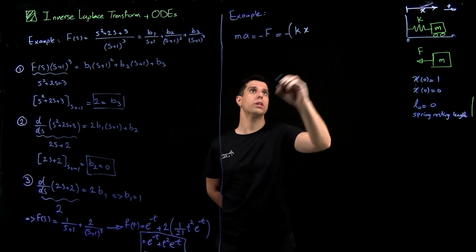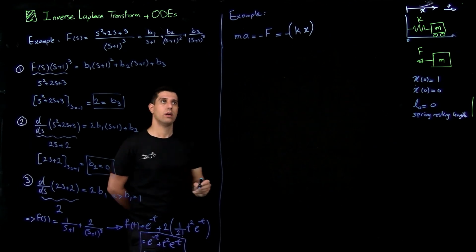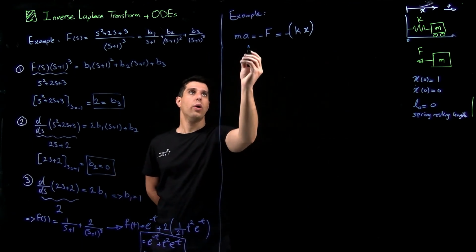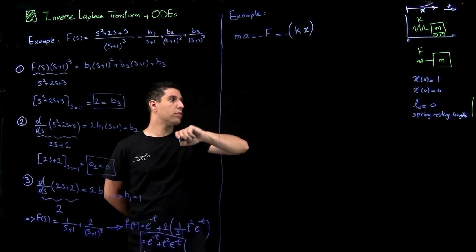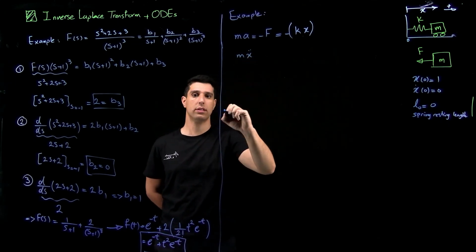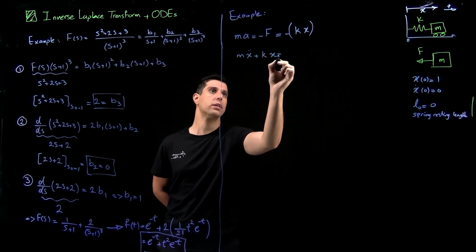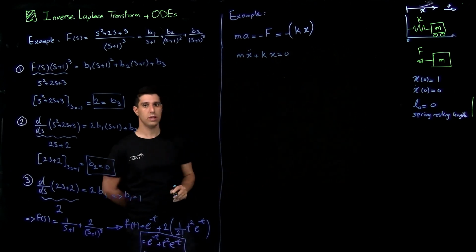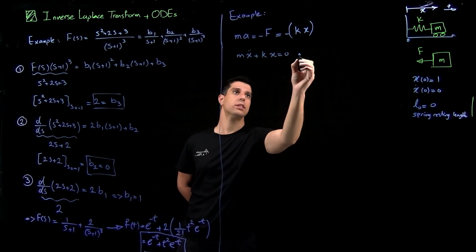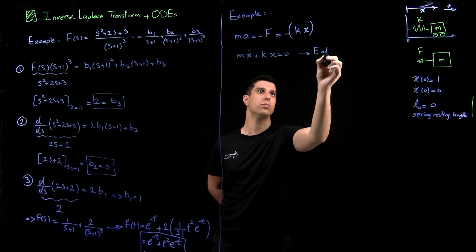So this is going to be kx. And we know acceleration is the second derivative of position. So m x double dot, I take k to this side, plus kx equals 0. This is what we call the equation of motion.